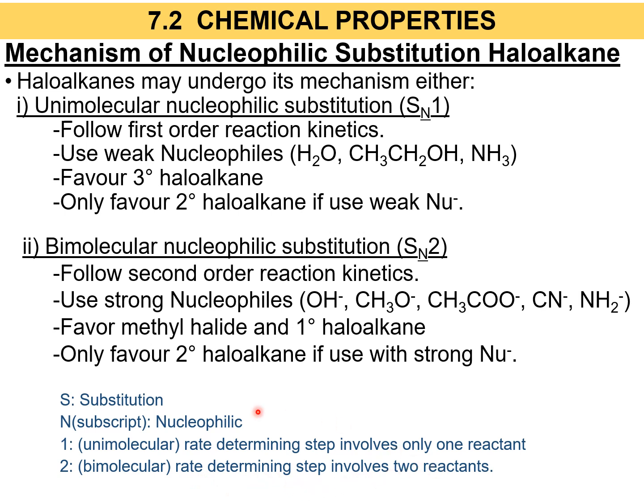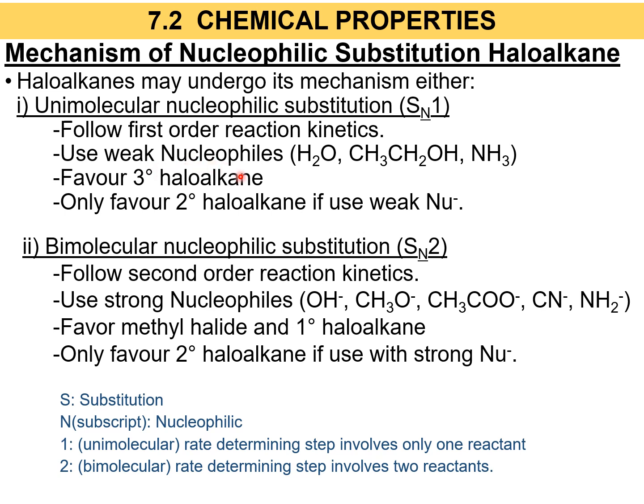Okay, so kalau SN1, ciri-ciri yang akan undergo SN1 mechanism ini khas untuk nucleophilic substitution of haloalkane je, bukan elimination, bukan Grignard reagent. So kalau SN1 mechanism, it follows the first order reaction kinetics.